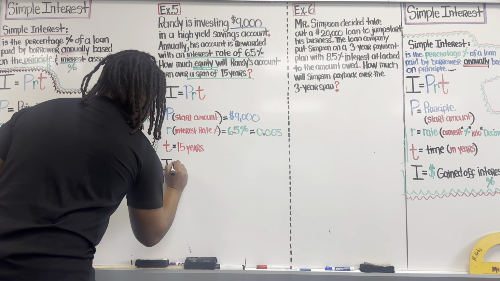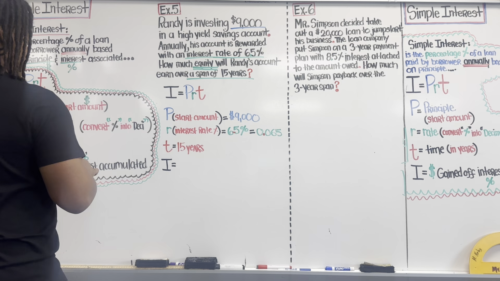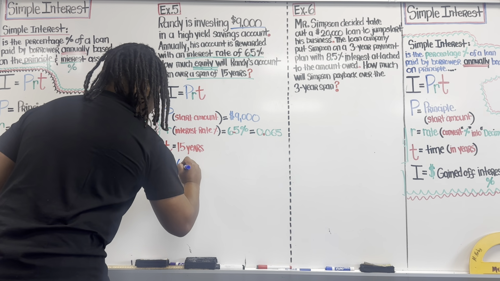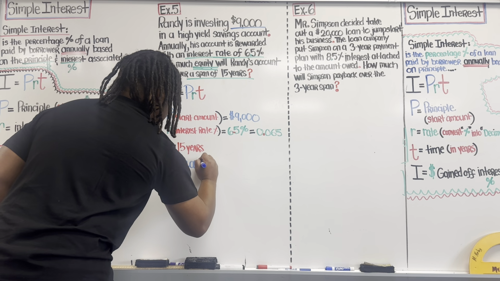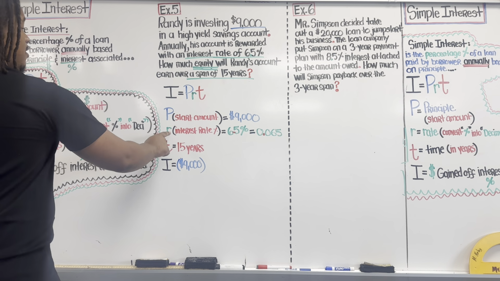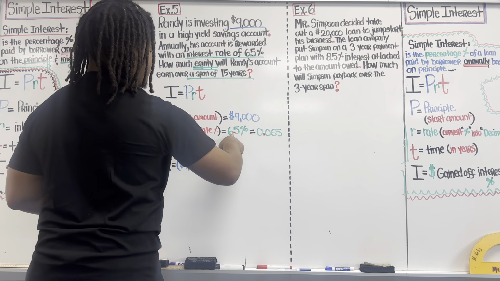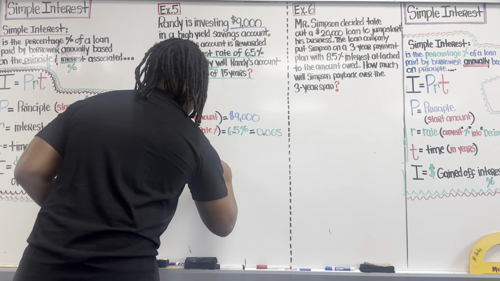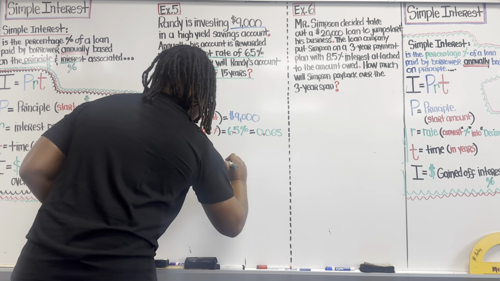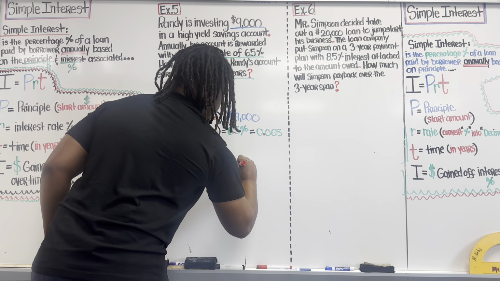So I have I equals, once again, I'm just following this. P is 9,000, times R is, once again, 6.5%, but I have to use the decimal version, which is 0.065, okay, times 15 years.